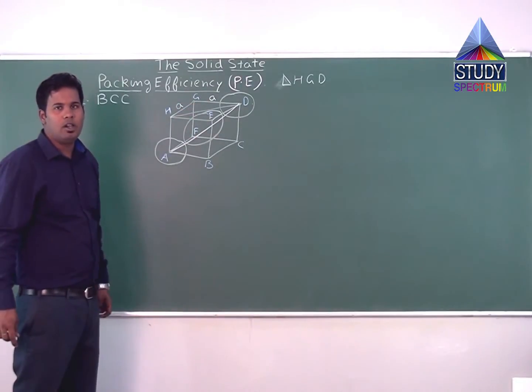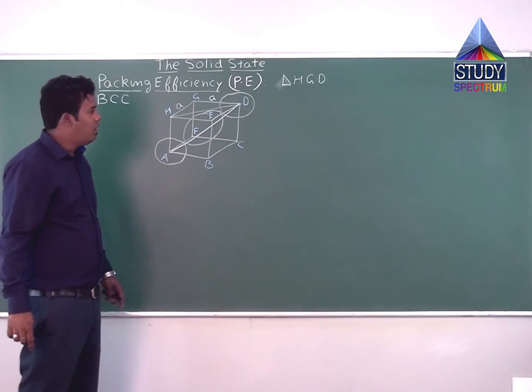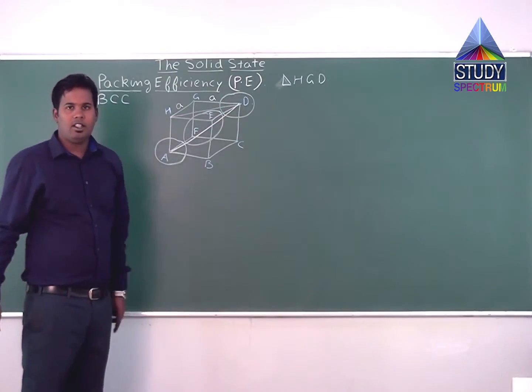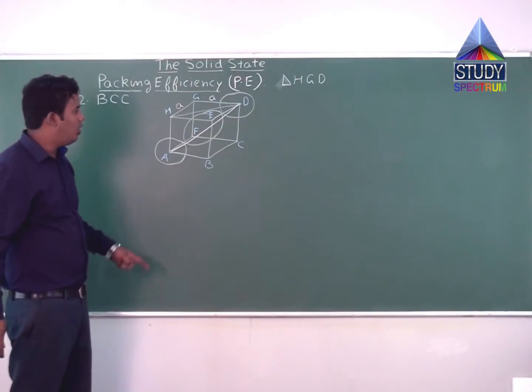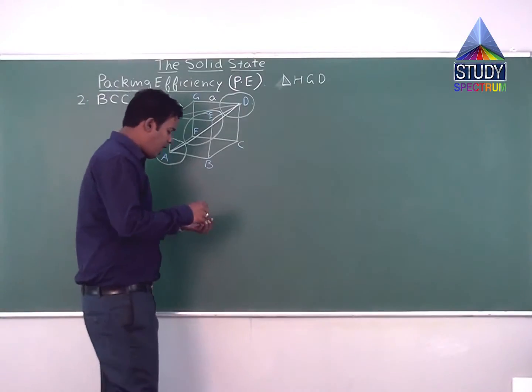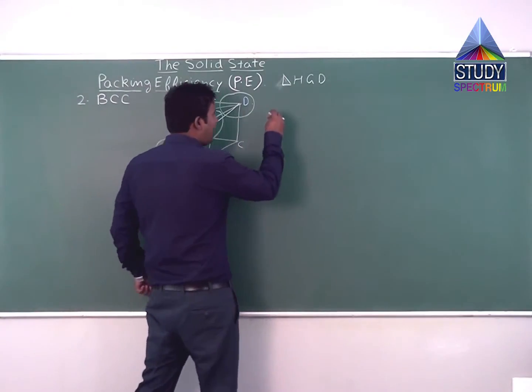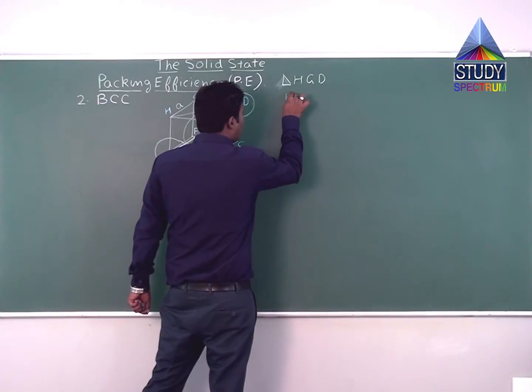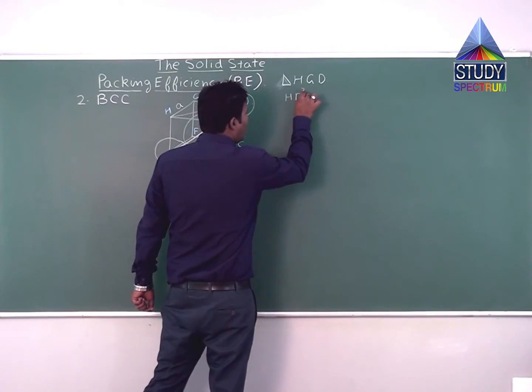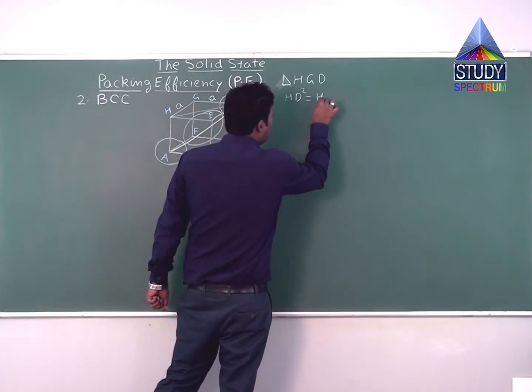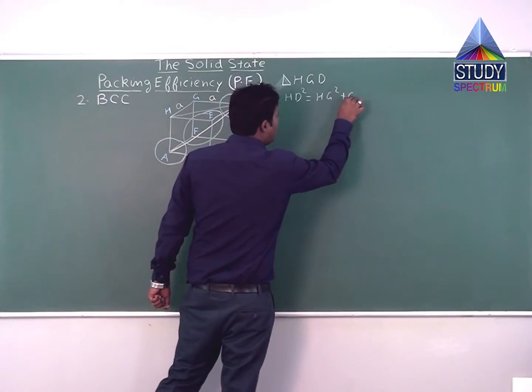Why? Because they are the edge lengths of this cube. And HD is the hypotenuse of this right triangle. So if I apply the Pythagoras theorem in this triangle, then the square of the hypotenuse, HD square, is equal to HG square plus GD square.